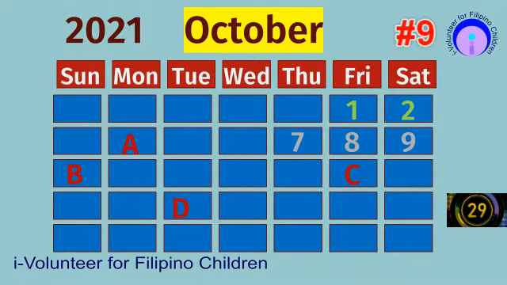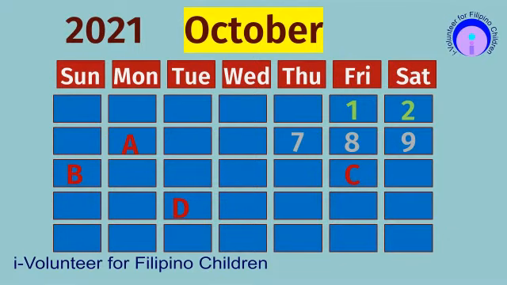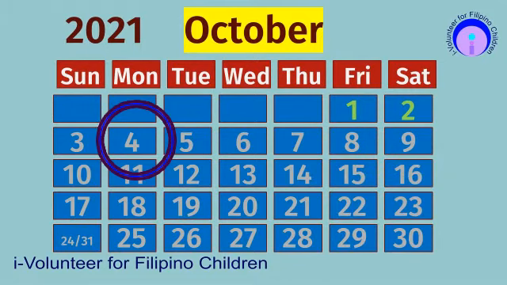We find the specific date of the month indicated by A, B, C, and D. Two days after October 2 is October 4.